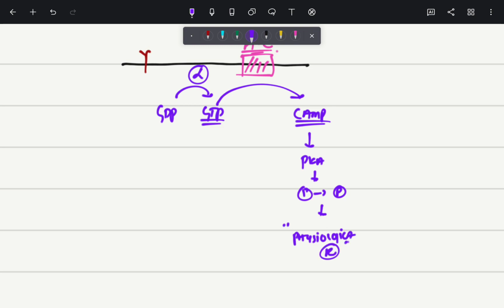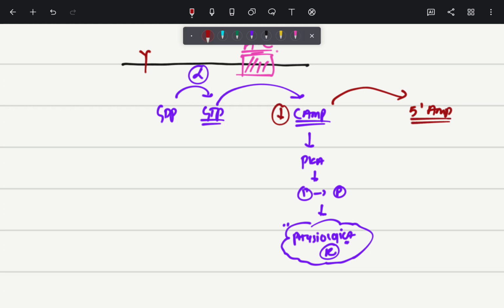So, for example, you can think you are doing exercise, so you need a lot of energy. So this increase in cyclic AMP will lead to a physiological response such as doing exercise. Now this cyclic AMP can be broken down into 5' adenosine monophosphate. If that happens, there will be a decrease in the cyclic AMP, right? So there will be a decrease in the physiological response.